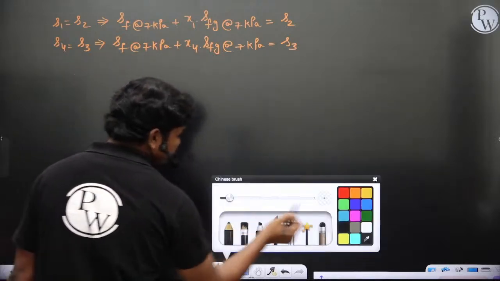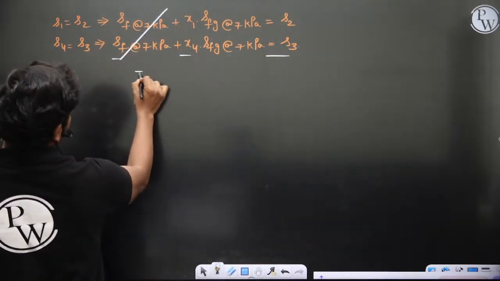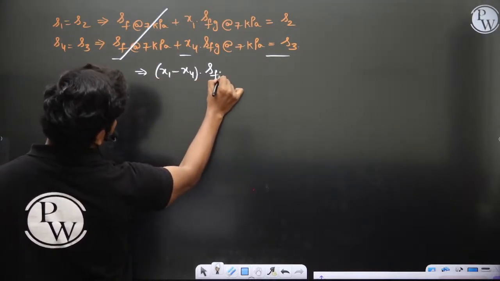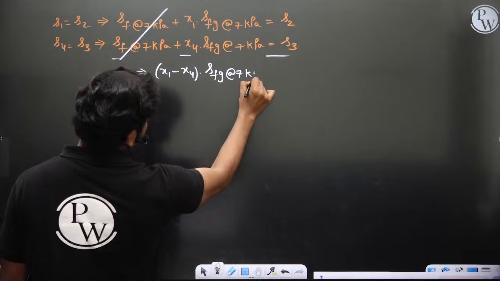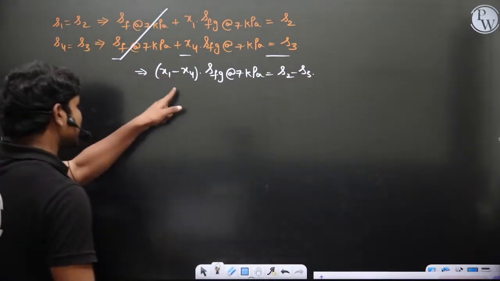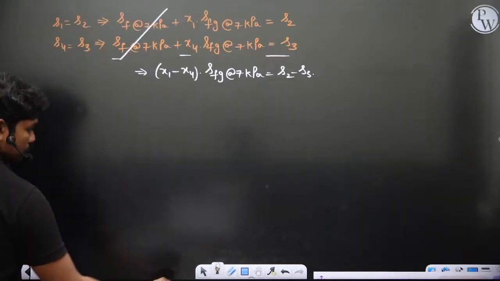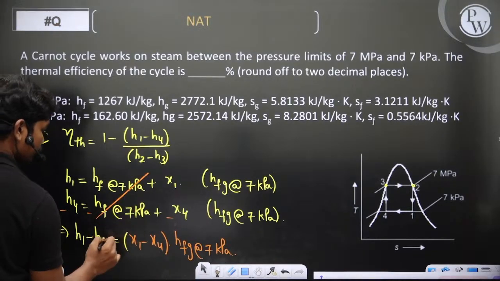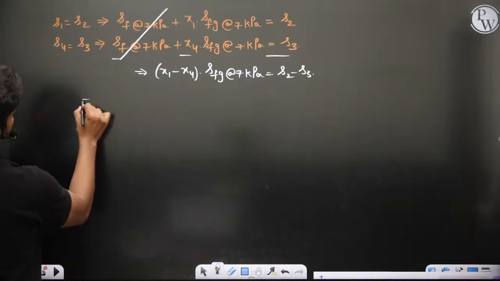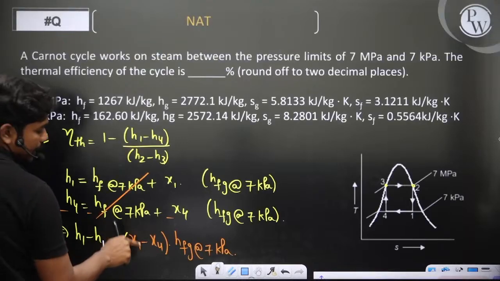Now again if you subtract these two, x1 minus x4 times Sfg at 7 kilopascals is equal to S2 minus S3. Therefore this x1 minus x4 can be written easily now. So H1 minus H4 is equal to x1 minus x4 into Hfg.